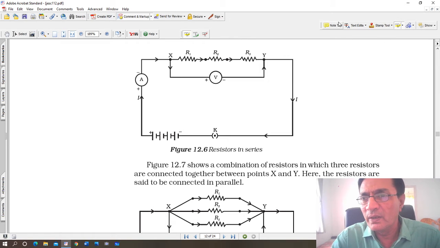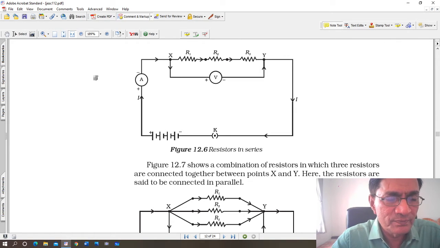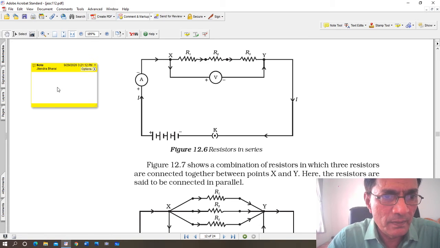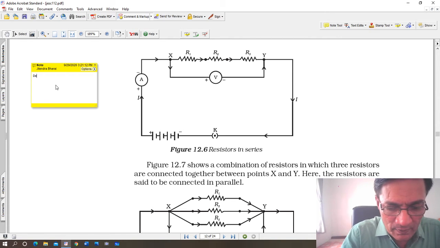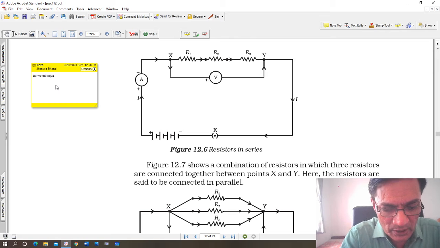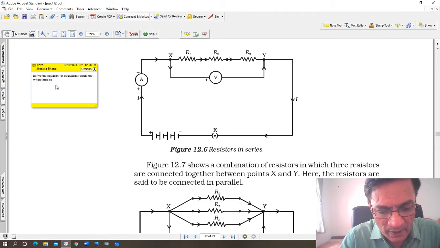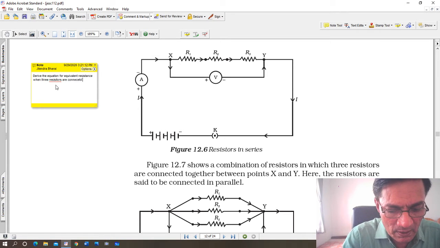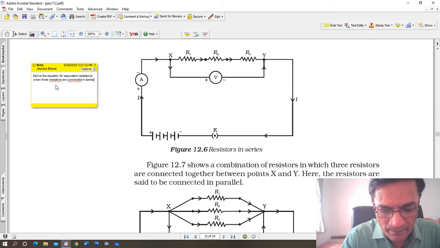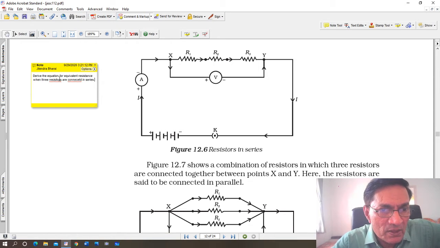This is for the derivation: derive the equation for equivalent resistance when three resistors are connected in series.